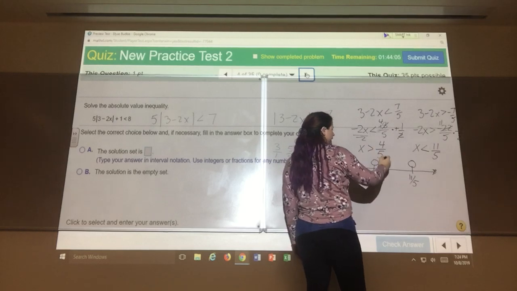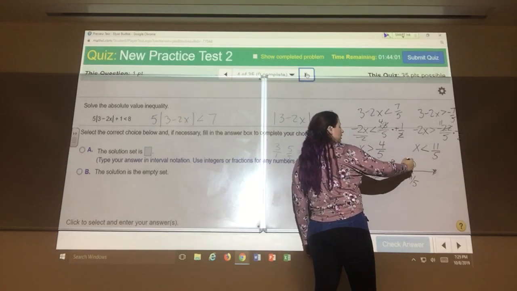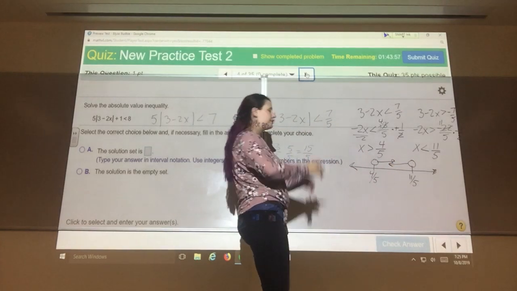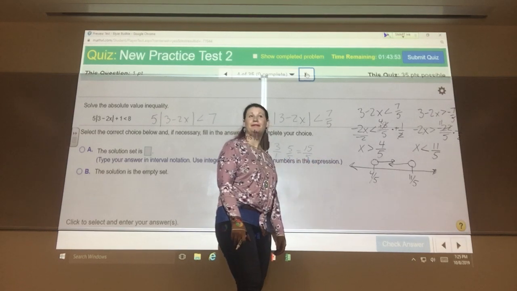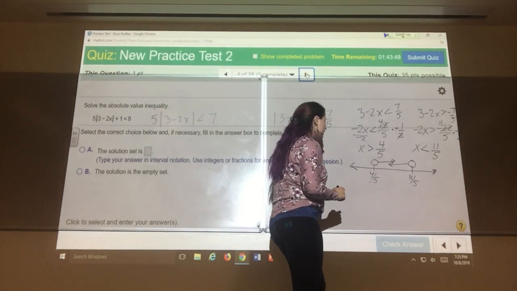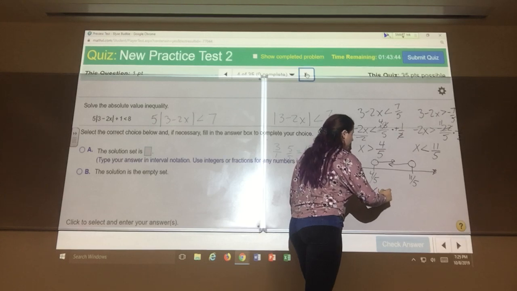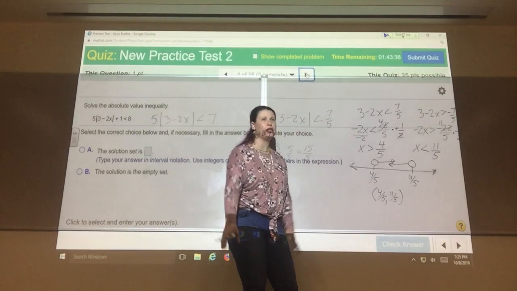Right, because it's greater than. And this circle goes left, because it's less than. So, do we take everything, or do we take the overlap? The overlap, yeah. So, how do we write this in interval notation? Parentheses, because they're open, and just endpoint to endpoint.